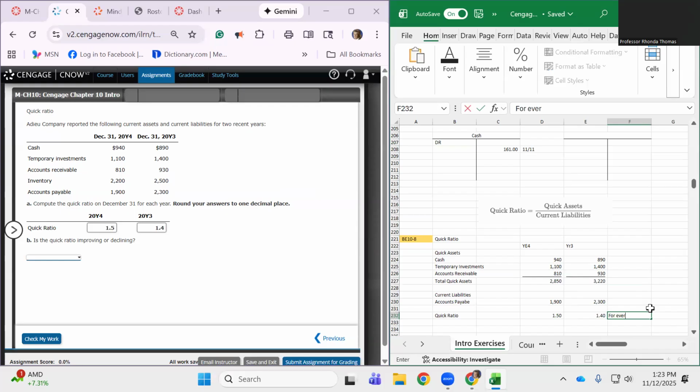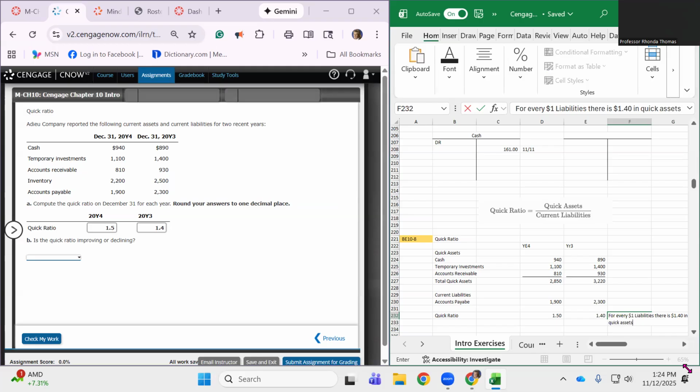For every dollar of liabilities, there is $1.40 in quick assets.